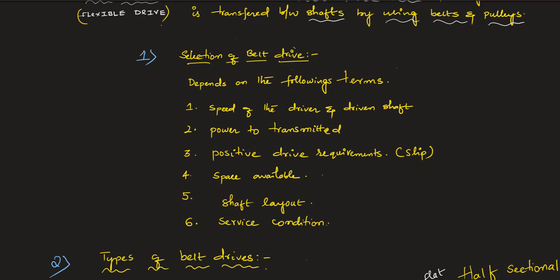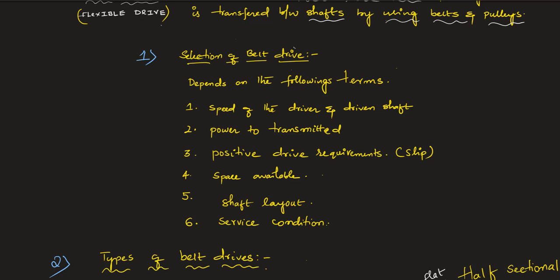Eventually we know that when we want to transfer the power from one shaft to another shaft, the shaft by which we are transferring the power becomes the driving shaft, and the shaft which will be receiving the power will become the driven shaft.